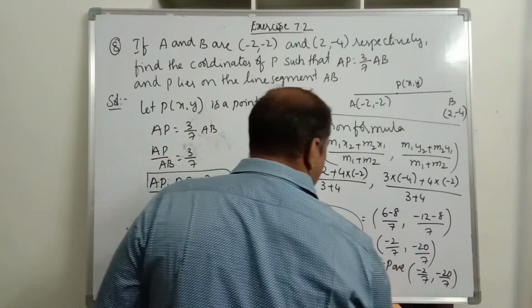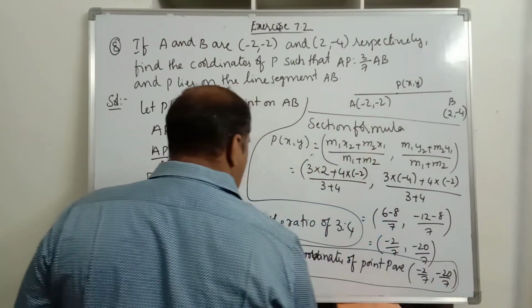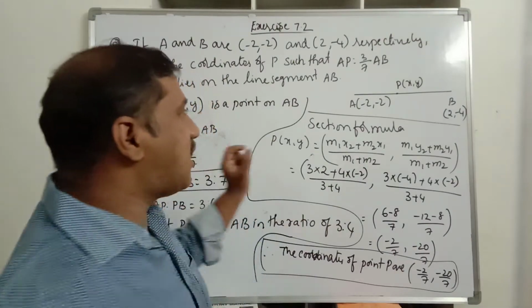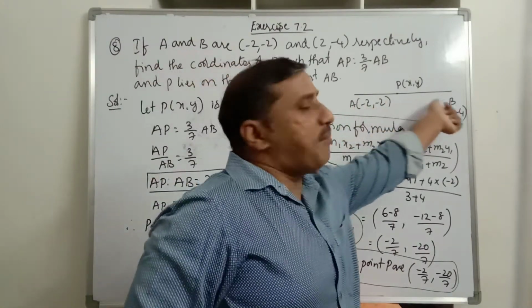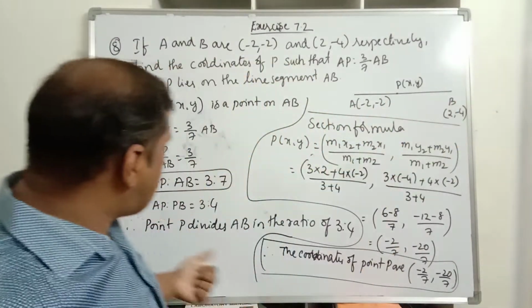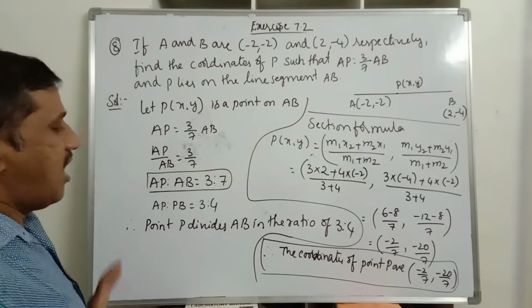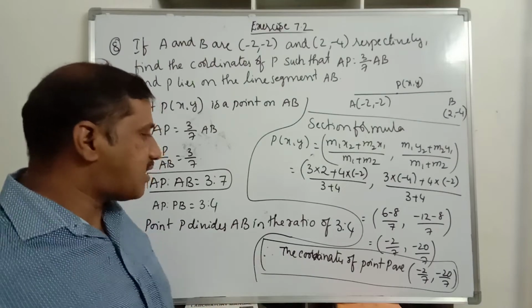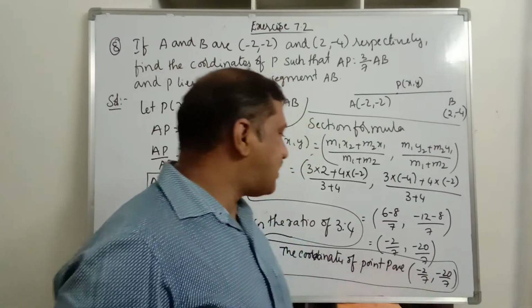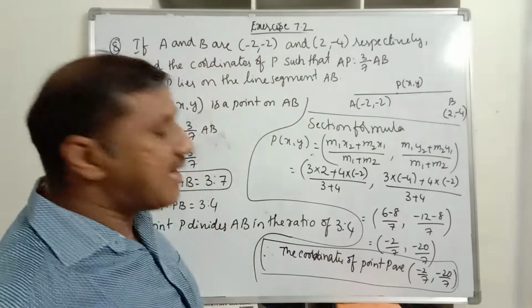Therefore the coordinates of point P are (-2/7, -20/7). So like this we will find it. The first thing we have to find is the ratio between AP and PB, which we got as 3:4, and we applied the section formula. We simplified and got the coordinates of point P as (-2/7, -20/7).